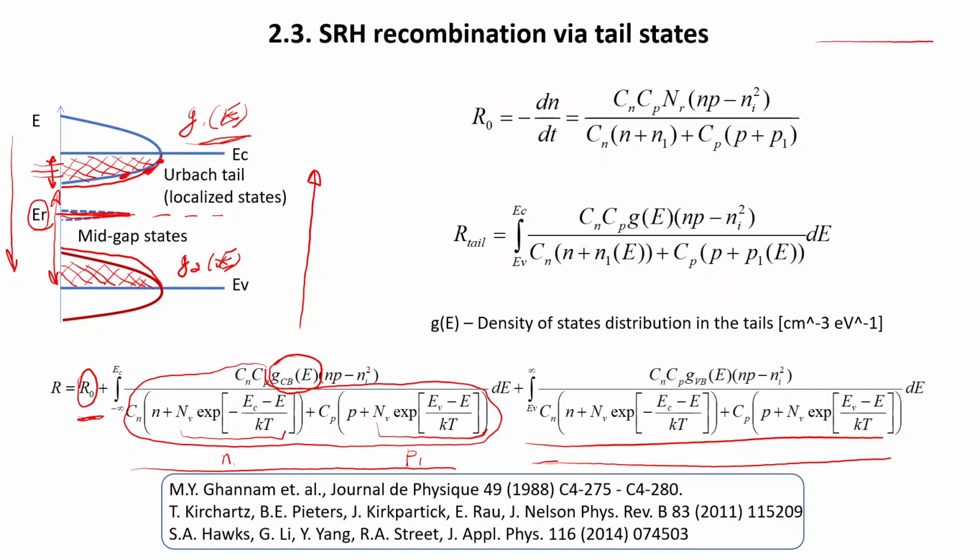Let's say we have EC, EV. Let us assume that we divide this band gap into three regions by so-called demarcation energy levels for holes and electrons, EDP, EDN.